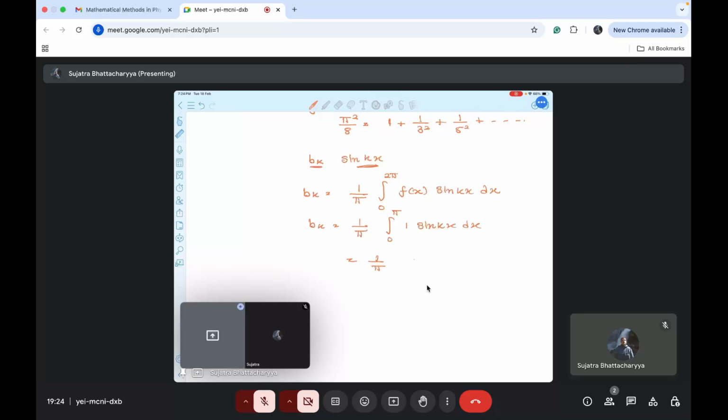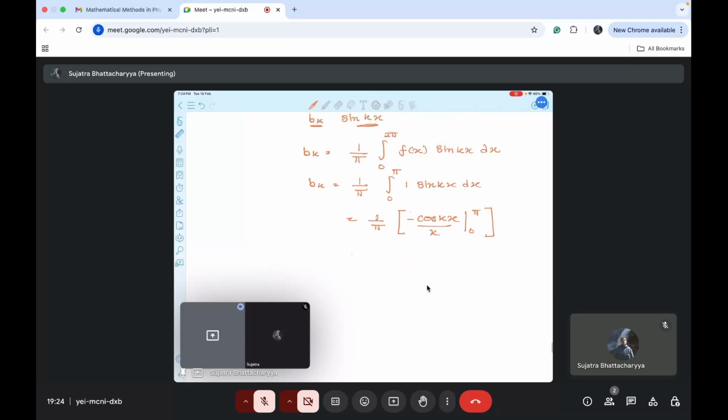So it will be 1 by pi definitely, and this will be minus cos kx divided by k from 0 to pi.